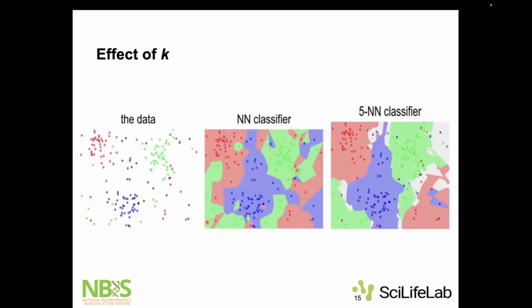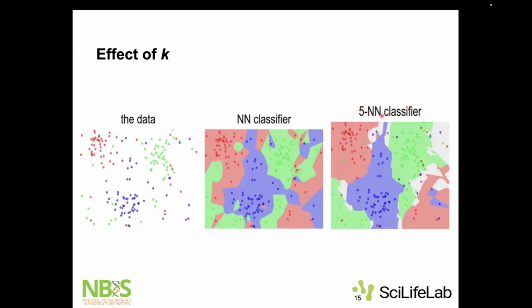So here, imagine that we have 3 groups: red, blue, and green. If you look at only the one nearest neighbor, you will get all these rough edges. If you get a point here, since the closest one is green, you say okay, this is green.